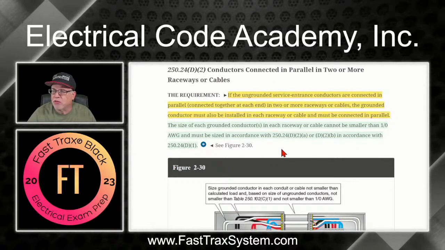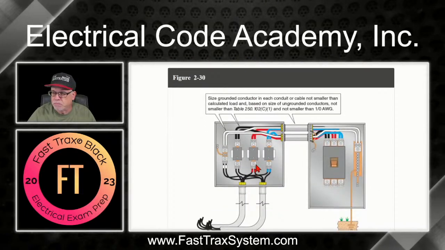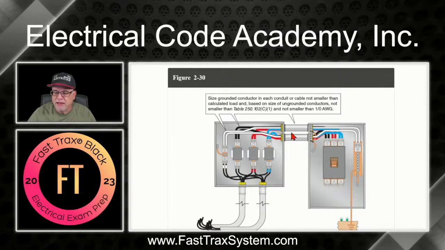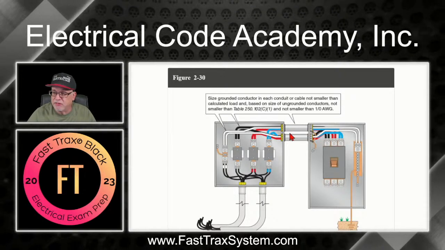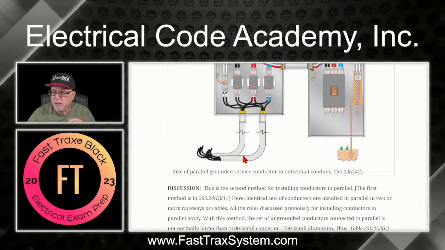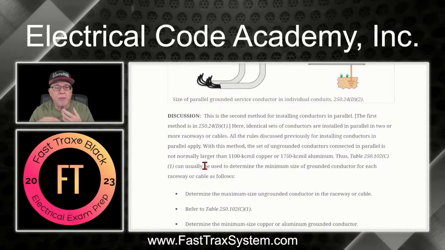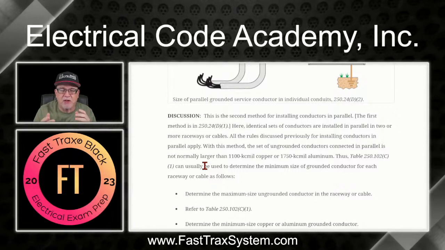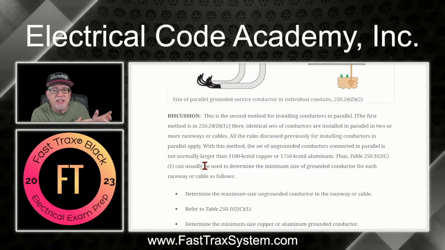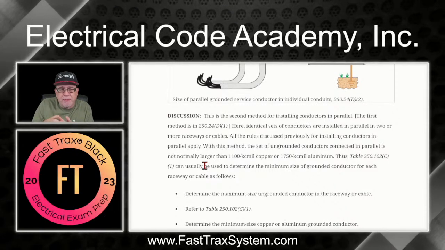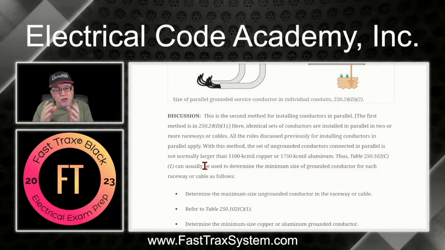So we'll walk you through all these scenarios here. This is what we're talking about right here, parallel sets, okay? And we're going to size this grounded conductor based on this here. And we'll give you a bunch of scenarios. All right, now let's talk about this discussion. What is the process? It's a pretty simple process here. It's pretty much the same thing you did when we looked at part 2, treating each raceway separately, whether you have a single set in there or multiple sets.